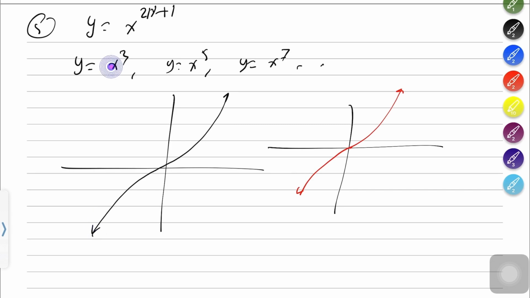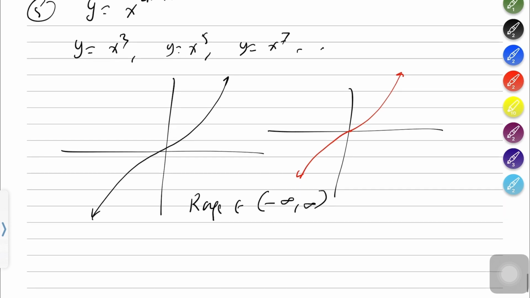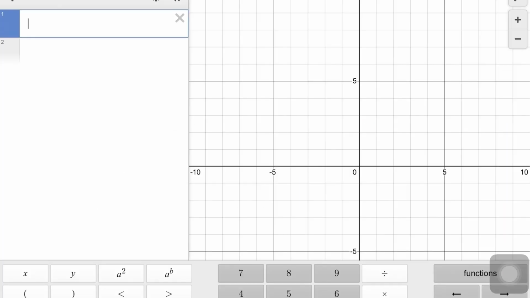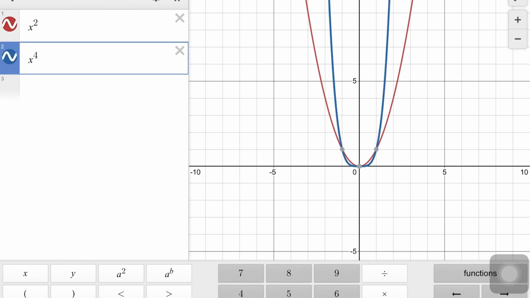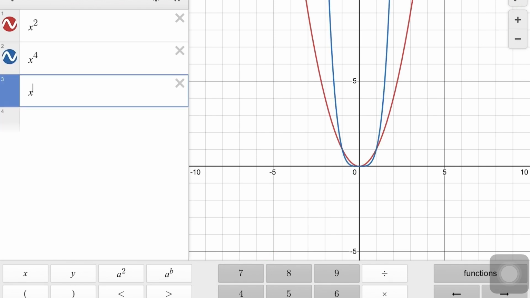So in the case of cubic, 5 or 7, the graph is something like this only. In this case the range will be minus infinity to infinity. And let's say this is the x square graph, this is the x to the power 4 graph, and this is the x to the power 6 graph, and so on.